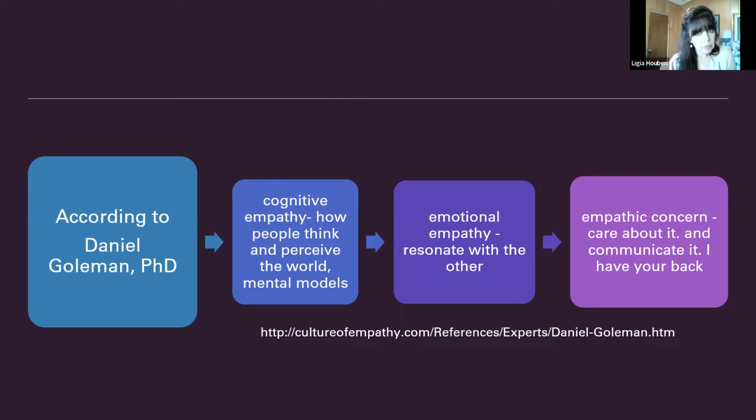Interesting, because sometimes we may say those things, right? We may forget that we are unique individuals and we have the right, and I want to use that word, we have the right to think and have beliefs that are ours. They may not be the same as other people's, but they're ours. So when people are cognitively empathetic, they understand how people think and perceive the world, and they have some mental models.